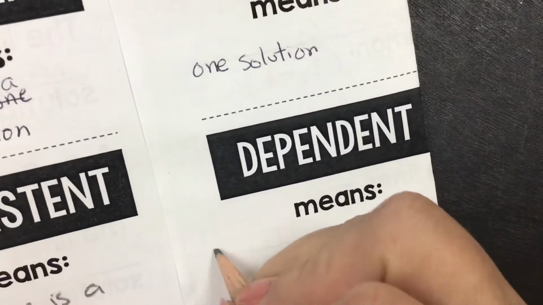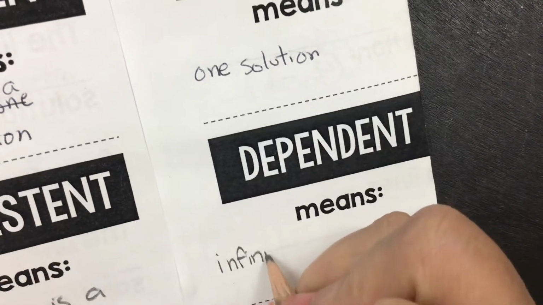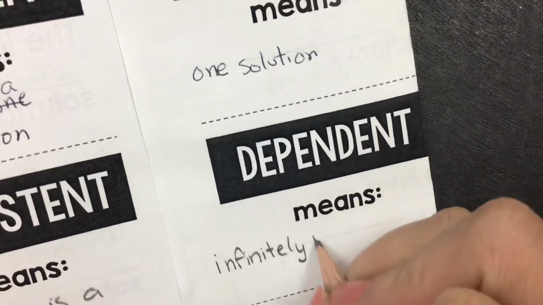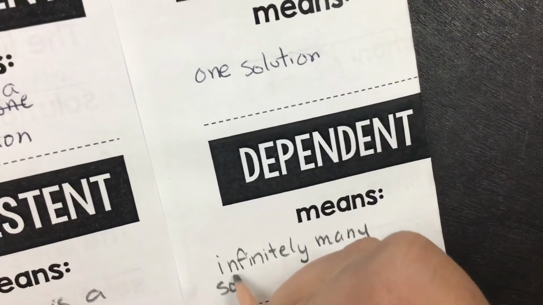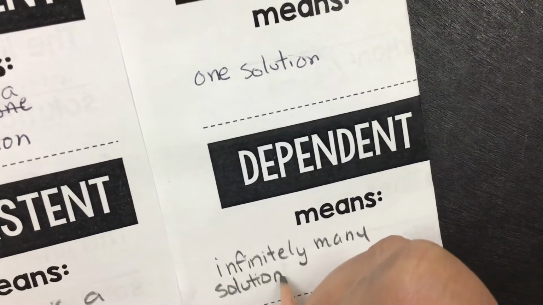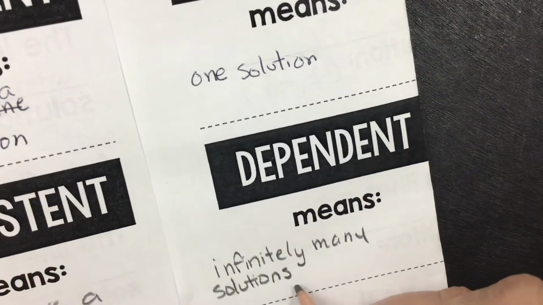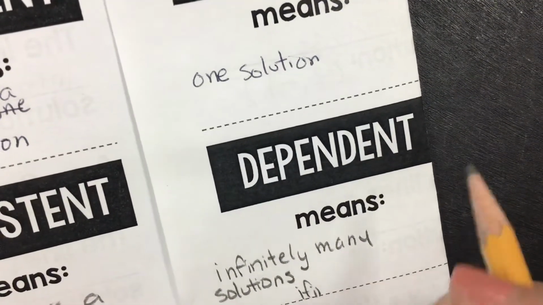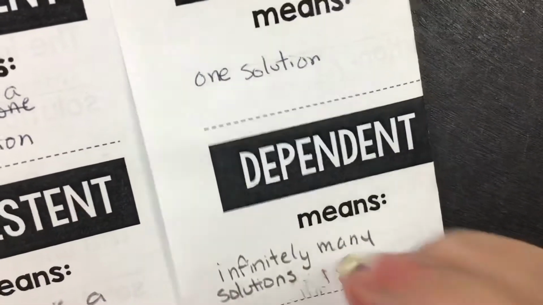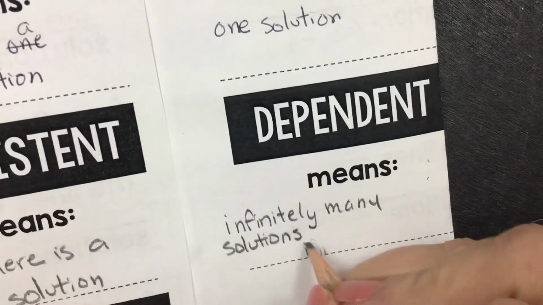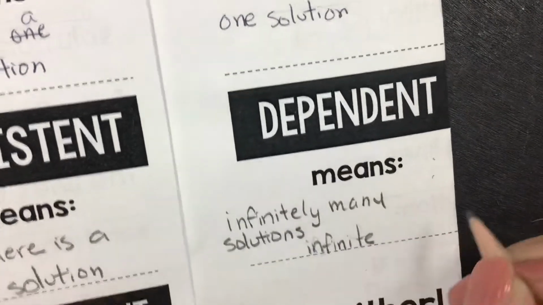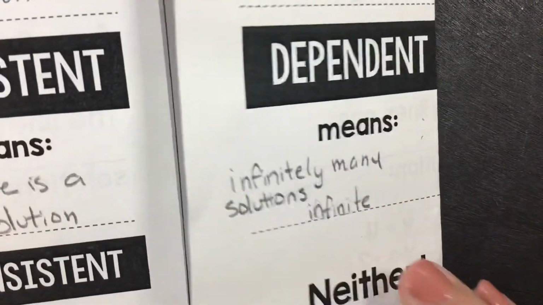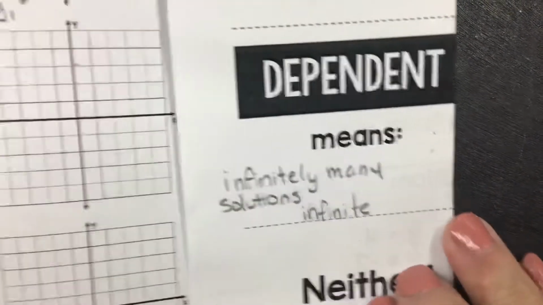You can write infinitely many solutions, or you can just say infinite, to say that there's an infinite amount of solutions. Okay, so let's take a look at what those look like.